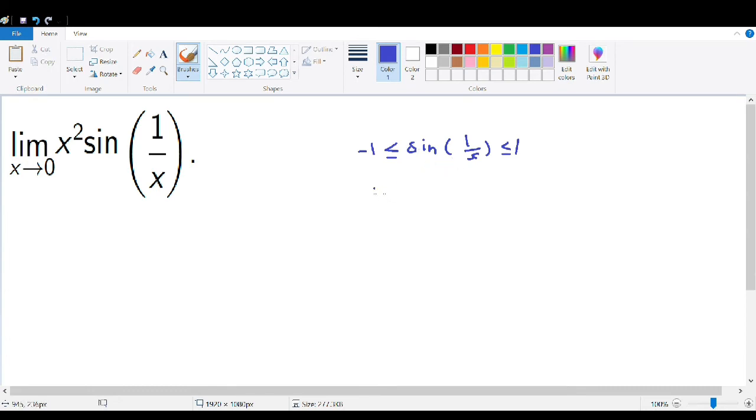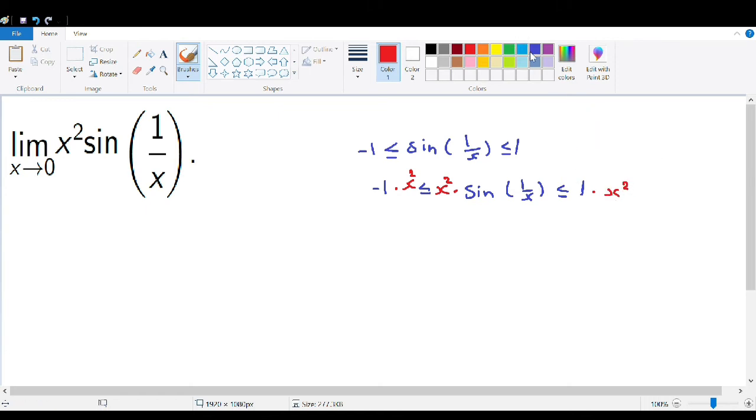So here I will rewrite the function again. Then we have sine 1 over x less than or equal. So since our function is multiplied by x squared, we need to multiply this one by x squared, this one by x squared, and this one by x squared.